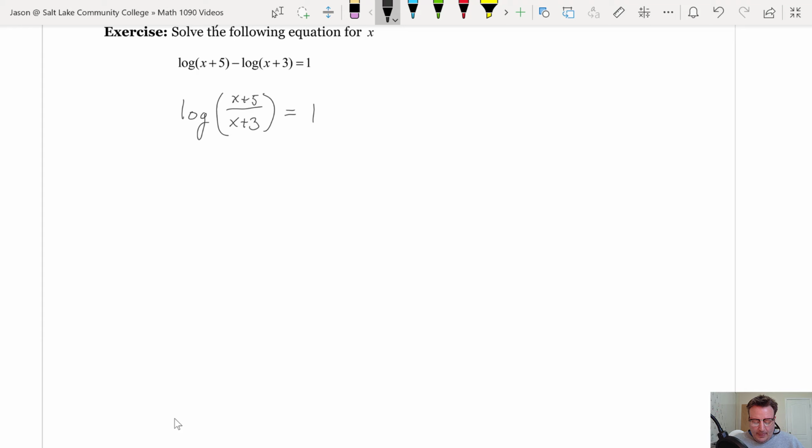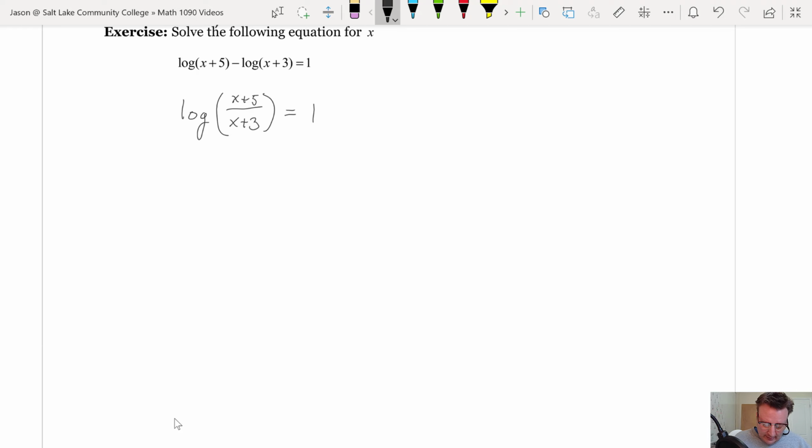Okay, now I have my x values inside of a logarithm function, a single logarithm now. I can undo log base 10 by exponentiating base 10 again. And I'm not going to write out the whole equation. I'm just going to remember when I exponentiate this left-hand side by base 10, I'm just going to get the argument to the log function.